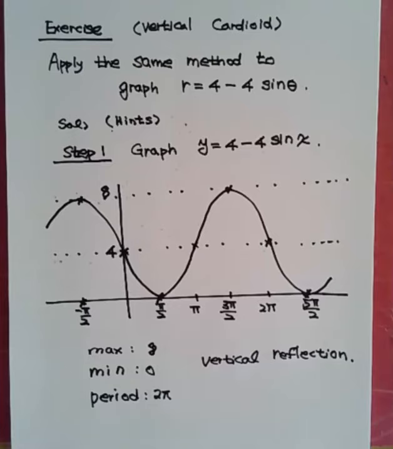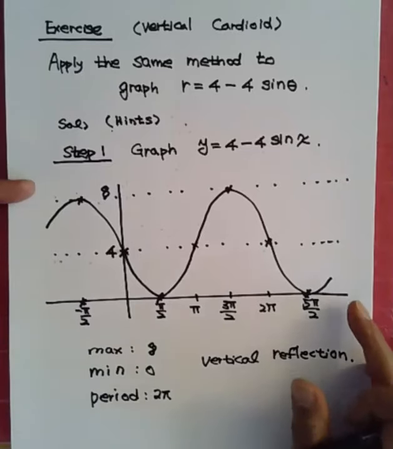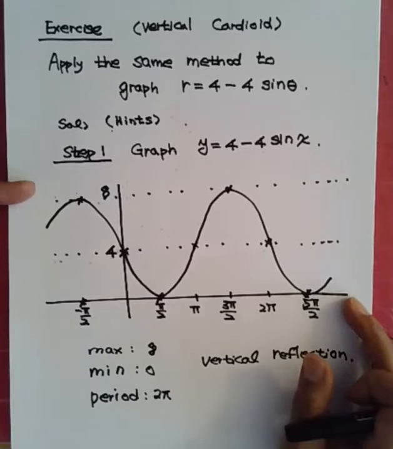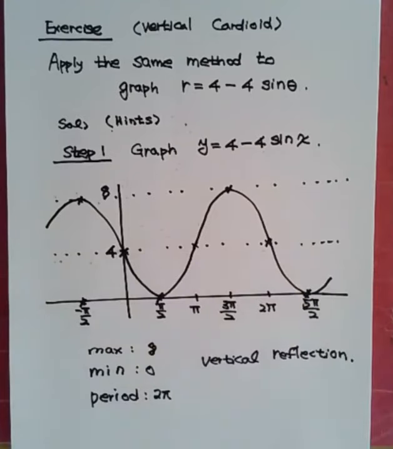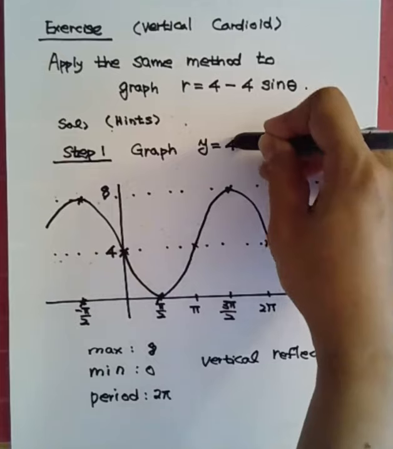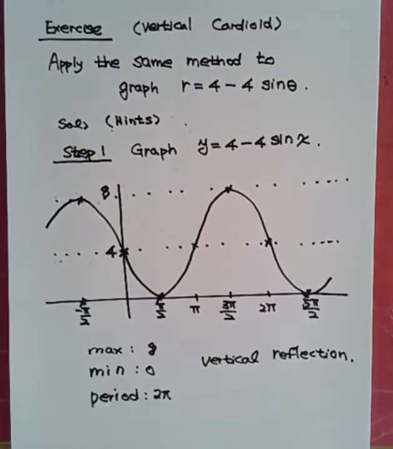If you graph that, then you will obtain this graph because the maximum value is 8 and minimum value is 0 and period is 2 pi. There is a vertical reflection there. You can analyze the graph by using the same method we did with y equals 4 minus 4 cosine of x.